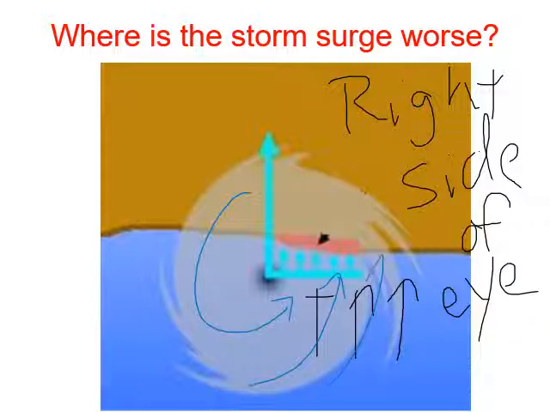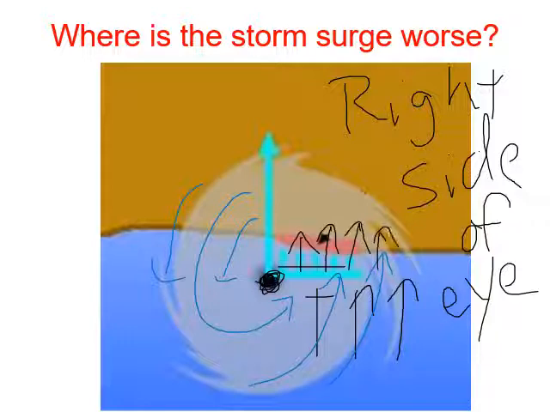So on this side, you get a lot more water pushed ashore. On this side, you're actually getting winds that are blowing offshore, so it doesn't blow as much water onto the land. But to the right of the eye, here's my eye, anything on this side gets a lot more storm surge.